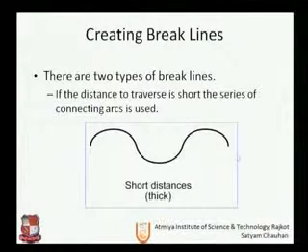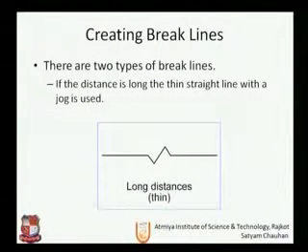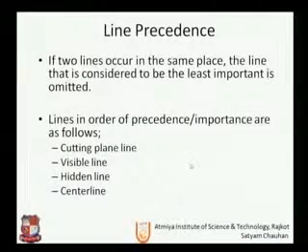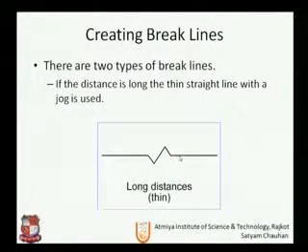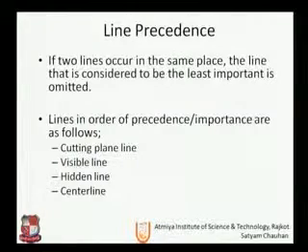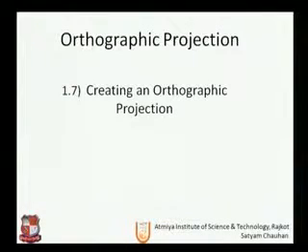So these are two types of break lines, and the long dashes also represent the continuation. So this is the long, thin line. So these were the types of lines and their uses.